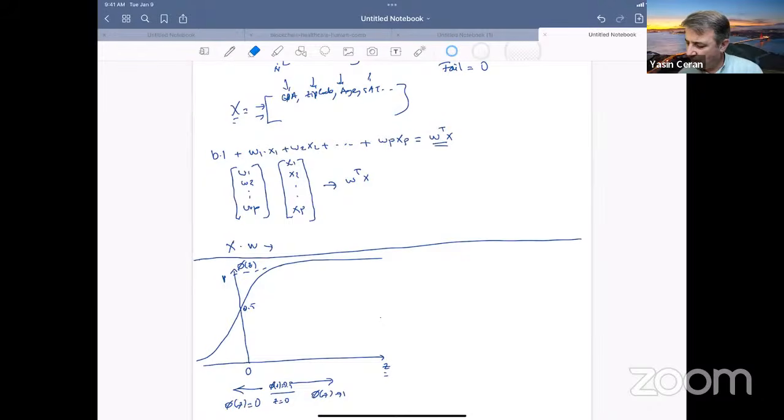For person 1, this is w transpose times x1. For person 2, this is w transpose times x2. This is the value I obtained for person 1, and this is the value I obtained for person 2. These values I call decision function values.